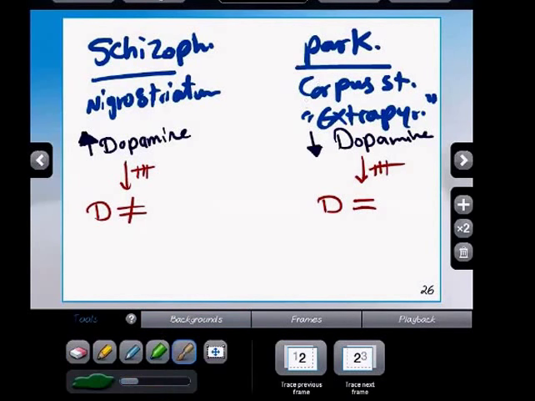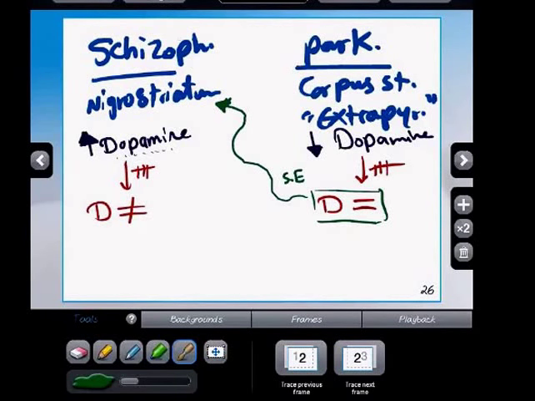All people treated for Parkinsonism may show schizophrenic behavior as a side effect, which means that drugs used for treatment of Parkinson's increase dopamine, and increasing dopamine helps in the treatment of Parkinson's, but the increase in dopamine may also lead to symptoms of schizophrenia.